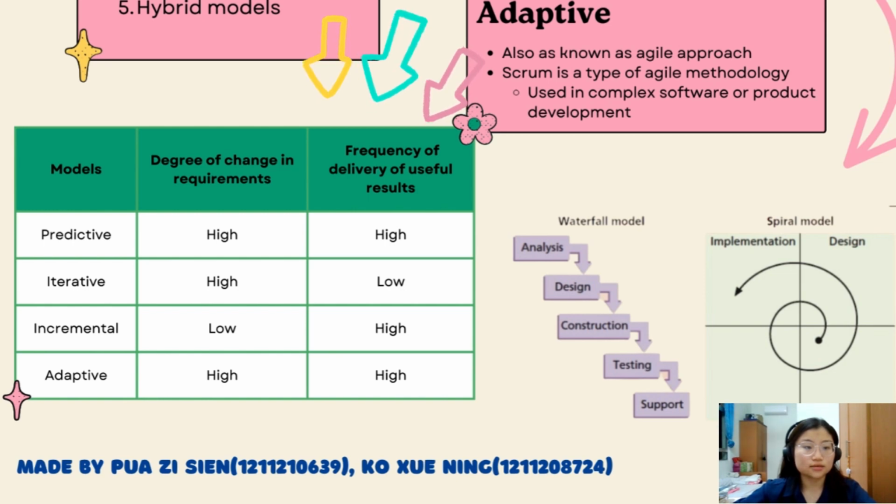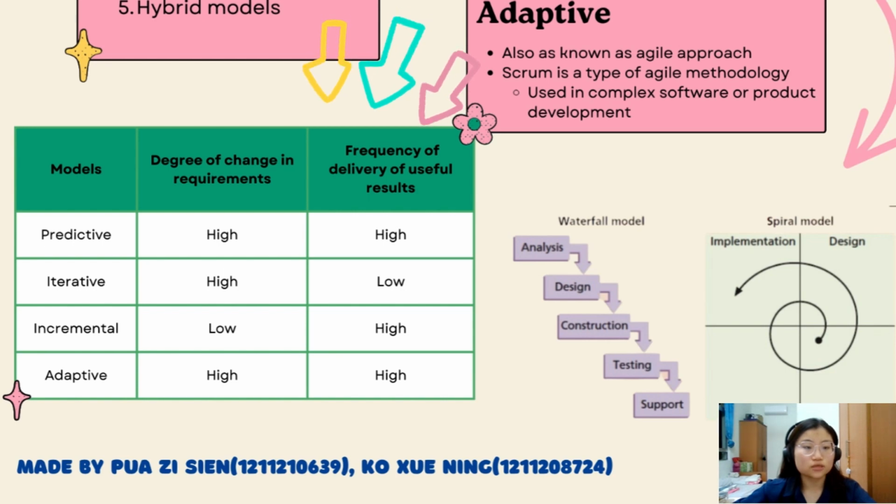We can see in the table, for the predictive model, the degree of change in requirements is high and the frequency of delivery of useful results is high also. For the iterative model, the degree of change in requirements is high, but the frequency of delivery of useful results is low.